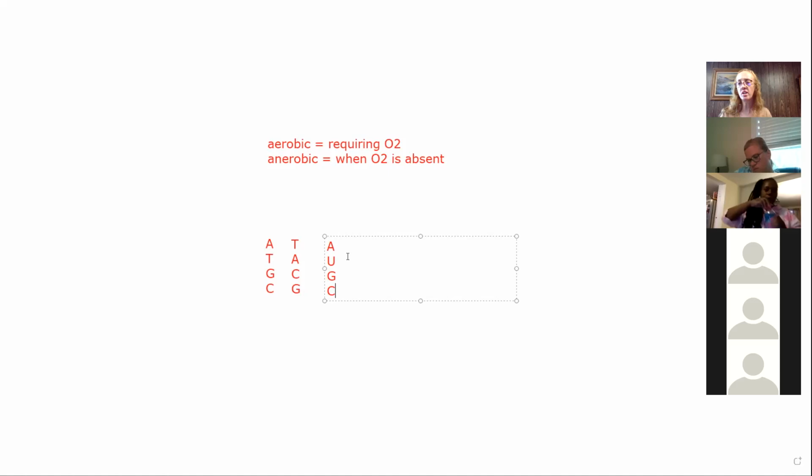The only major change is that we don't have thymine, we only have uracil. So based on these base pairing rules, we can always dictate what the DNA sequence will look like in the mRNA sequence.